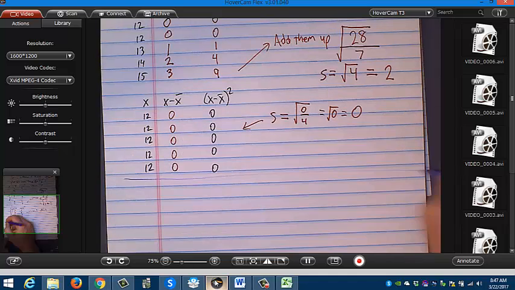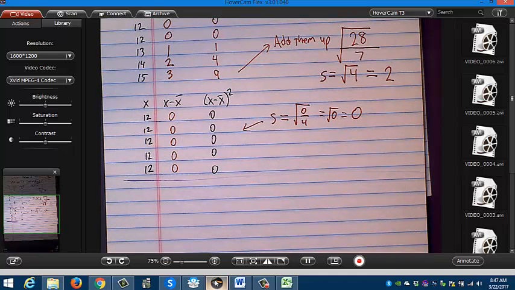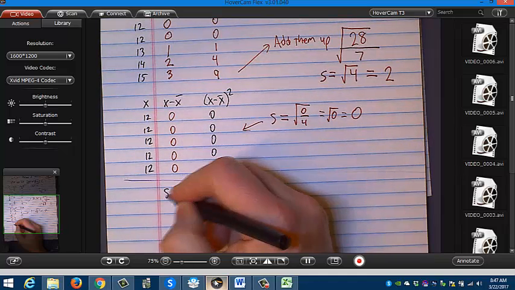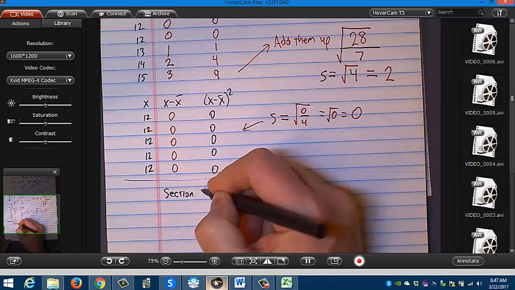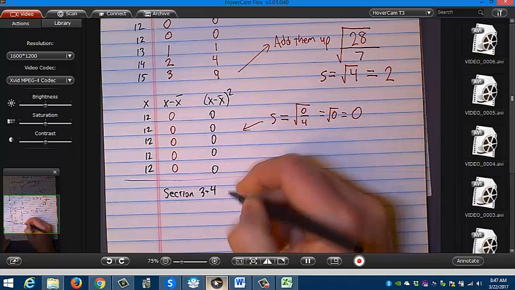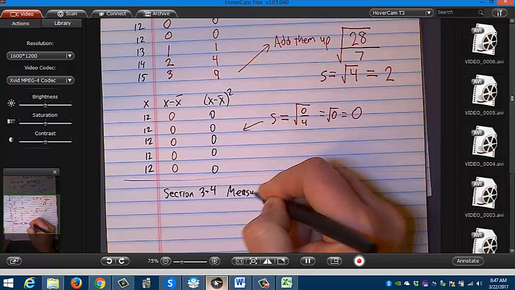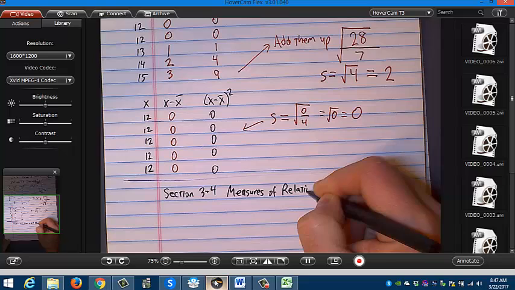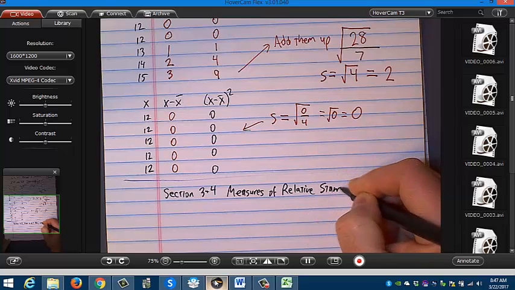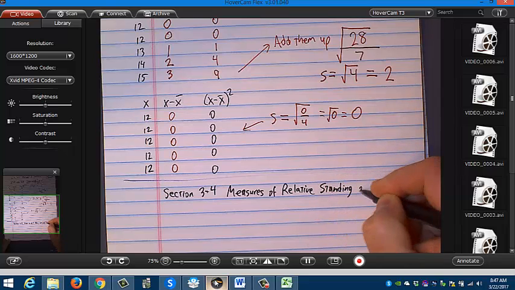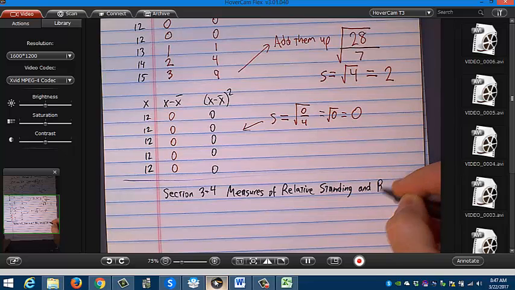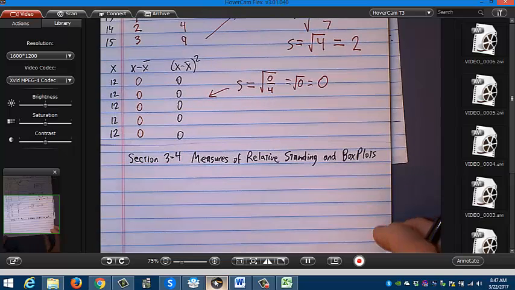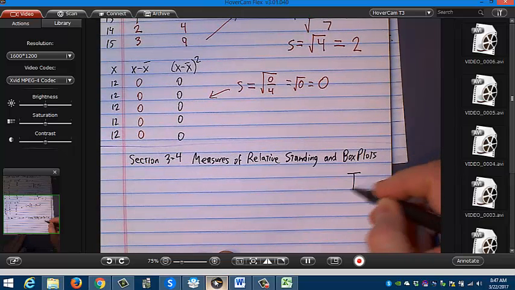When you go to section 3.4, which is measures of relative standing and box plots. The box plot looks something like this.